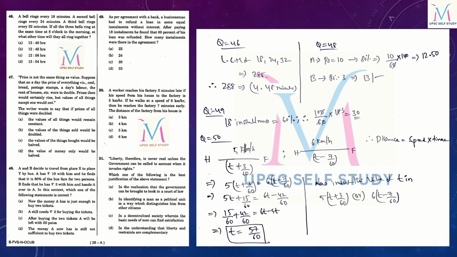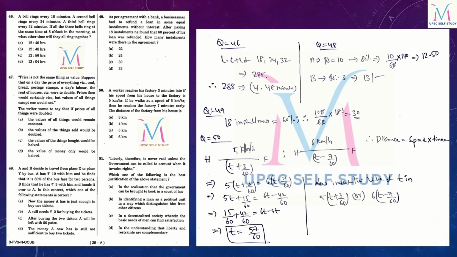B finds that he has 3 rupees with him and he handed it over to A. In this context, which one of the following statements is correct?